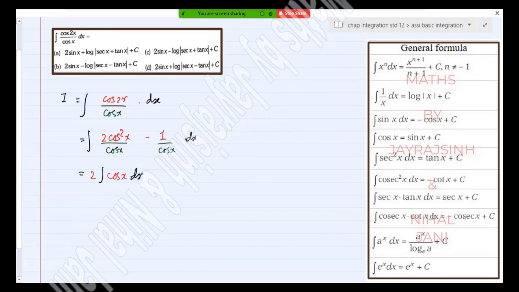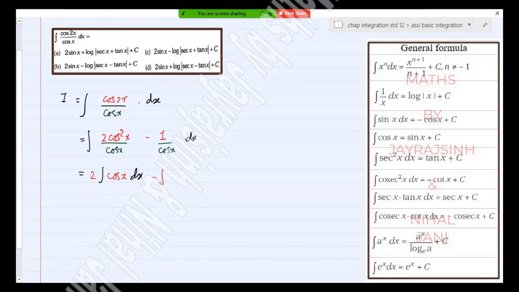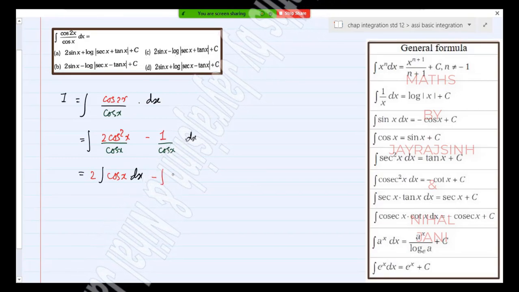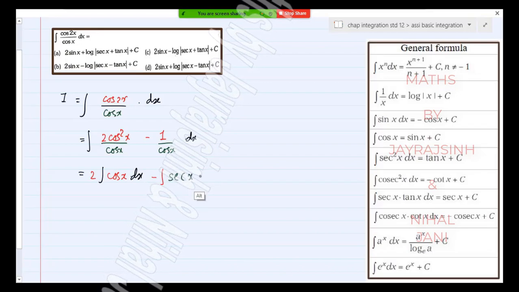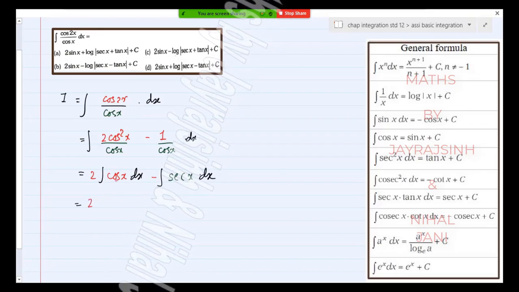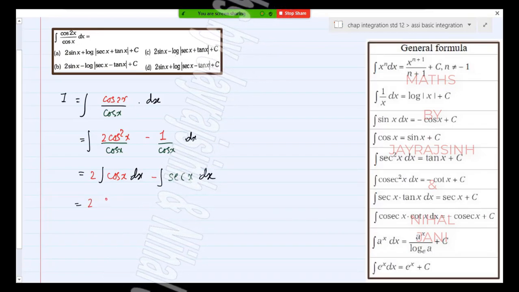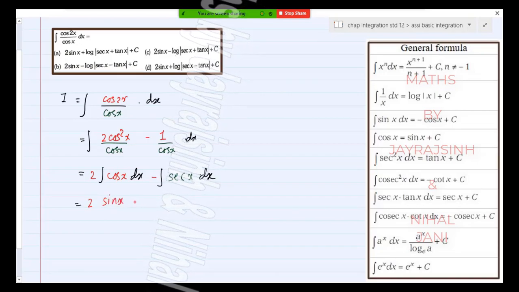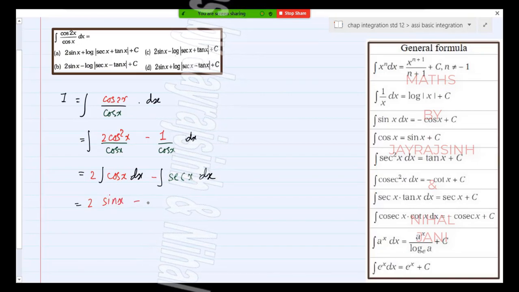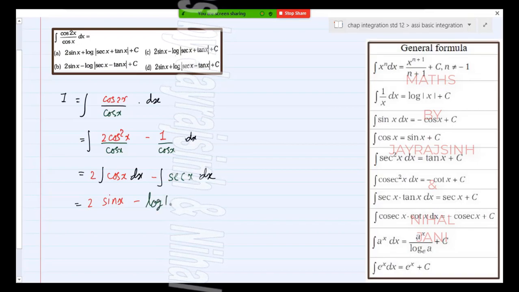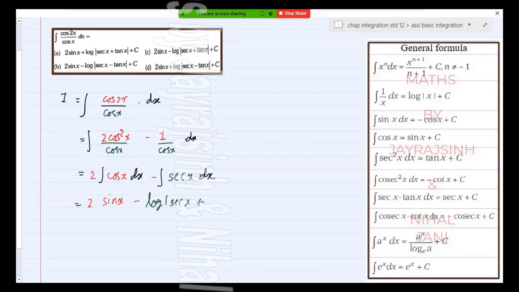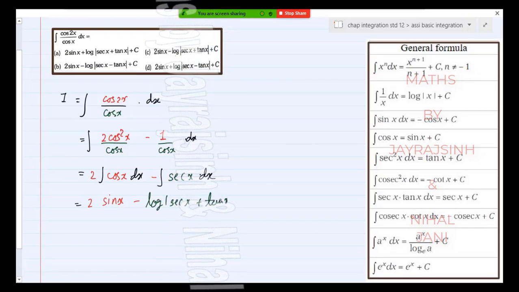In the second term, 1 upon cos x can be rewritten as sec x dx. Integration of cos x is sin x minus integration of sec x is log mod sec x plus tan x plus c.